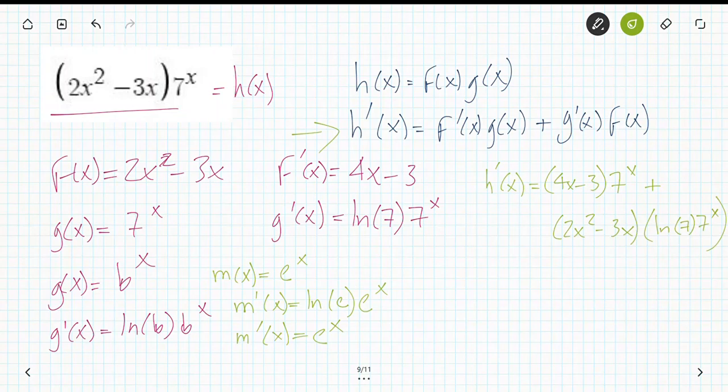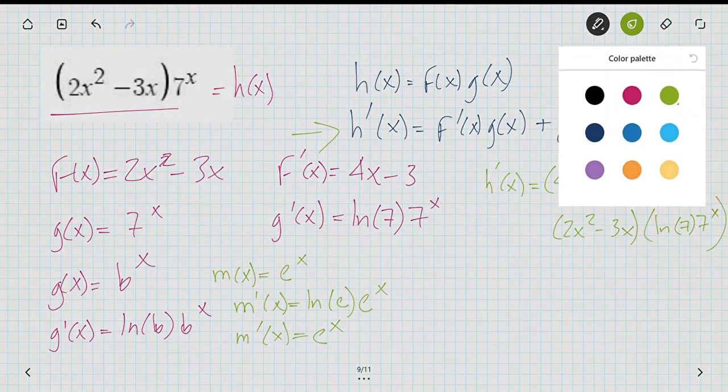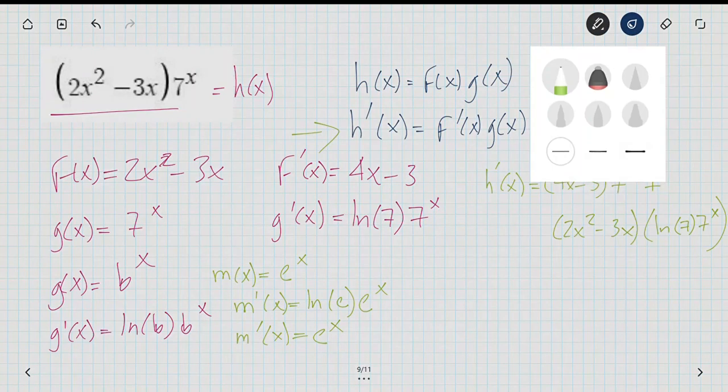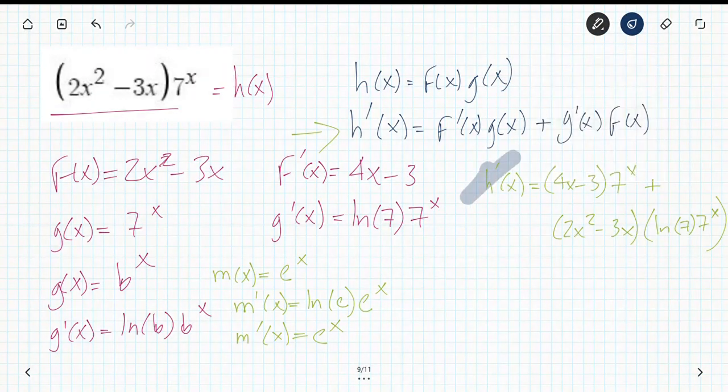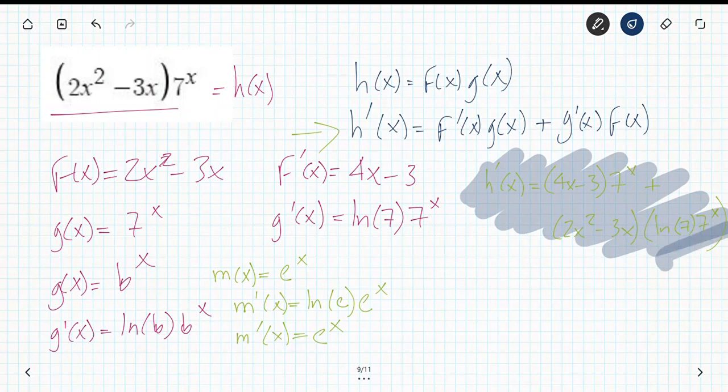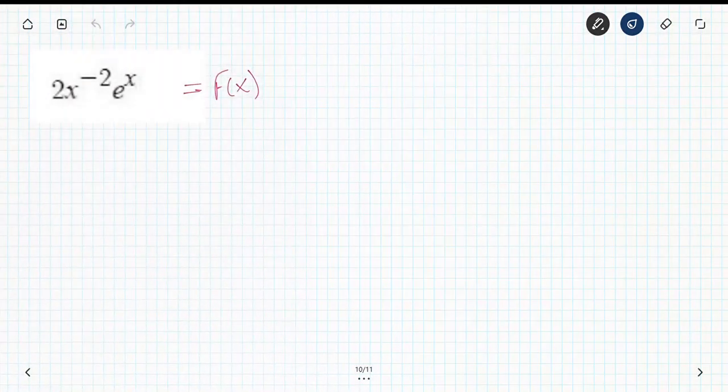Okay, so this is going to be my answer, and I'm going to highlight it as such. So highlight right here. Okay, so let's get to the next question.